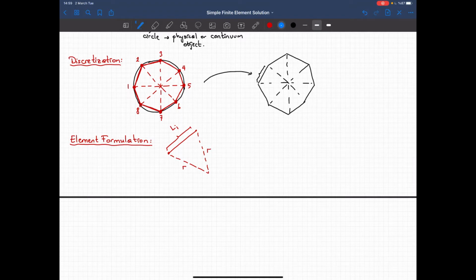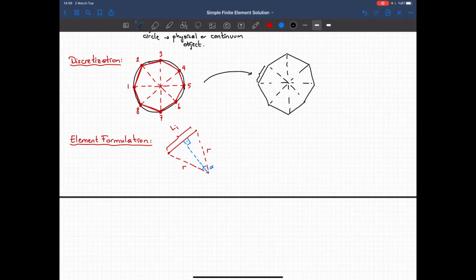So what I'm going to do is, this angle is alpha. If I divide this angle into 2, I get the height of that triangle.